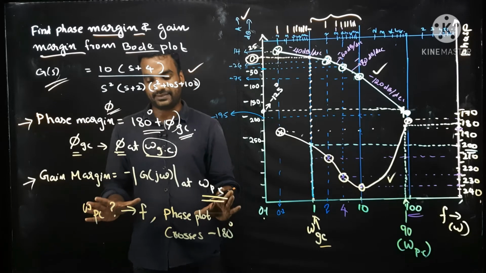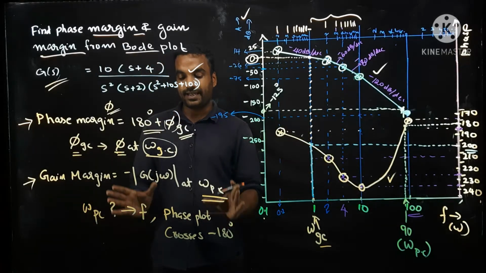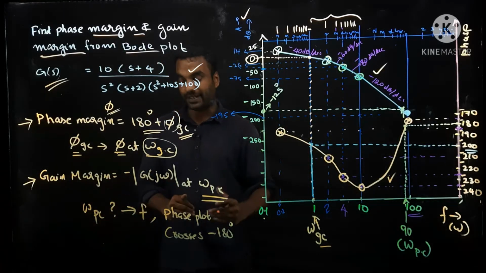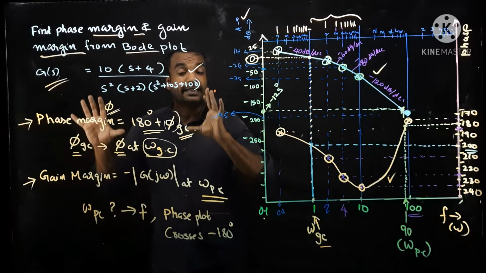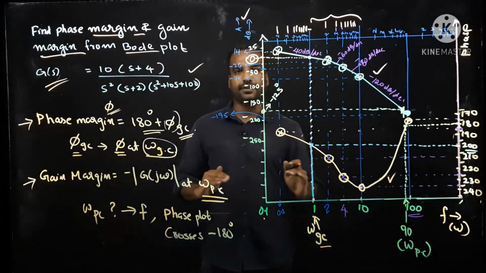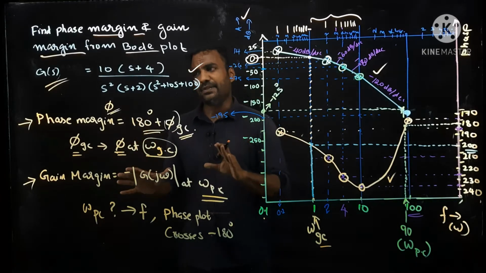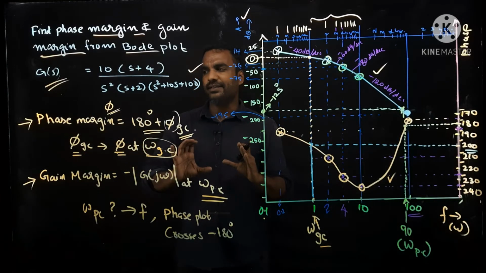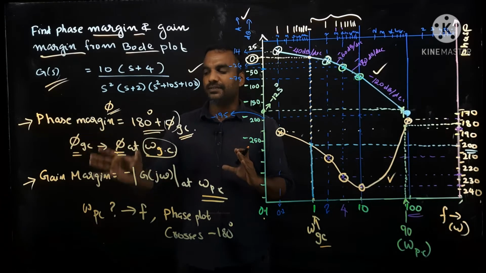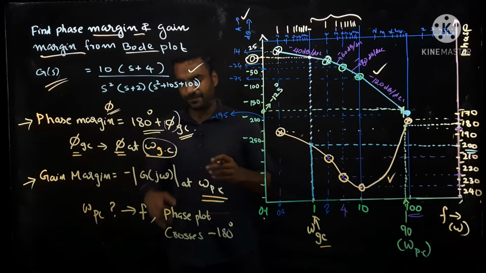We will discuss this in detail in the figure, then you will get a clear picture. For the time being, please learn these by heart: what is phase margin and what is gain margin.